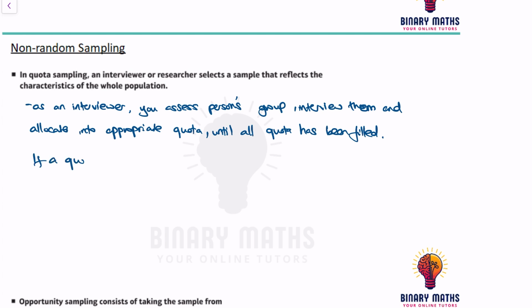So if a quota is full, ignore and move on to the next person. So for example, if 2/3 of the population are male and 1/3 of the population are female, then if you want to take a sample of 30, you want 20 male and 10 female. So you'd give it to the first 20 male that you come across and the first 10 female that you come across. And obviously, if someone doesn't want to get interviewed, you ignore them until the quota has been filled.